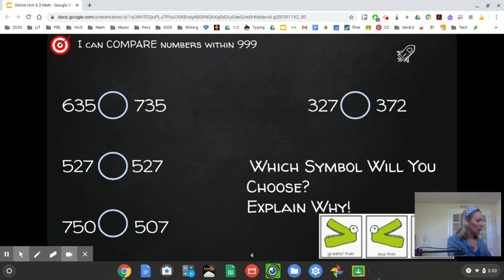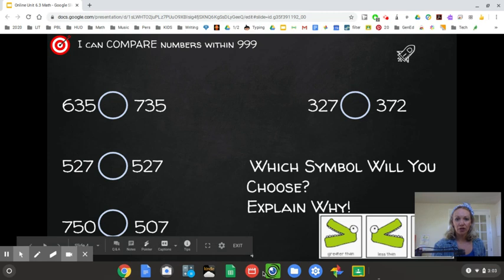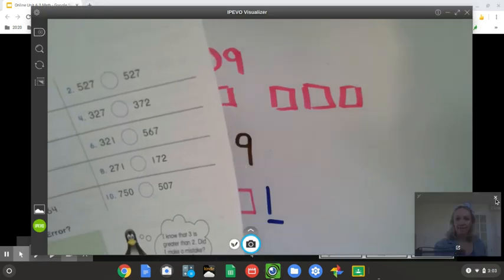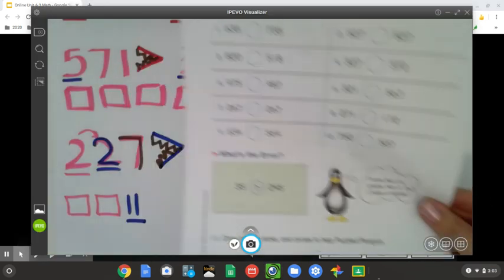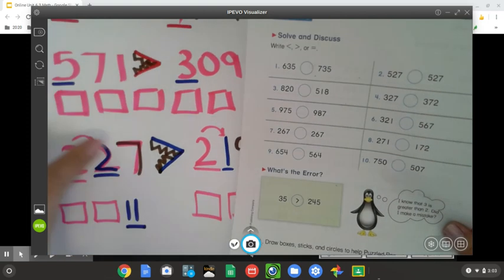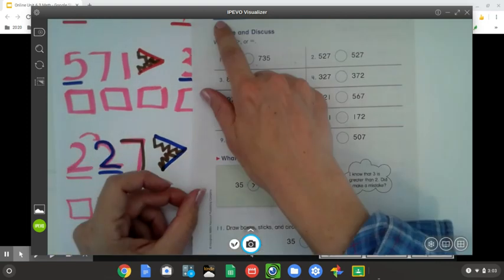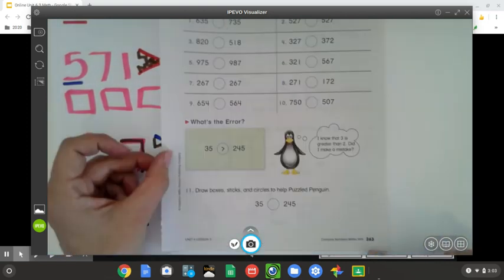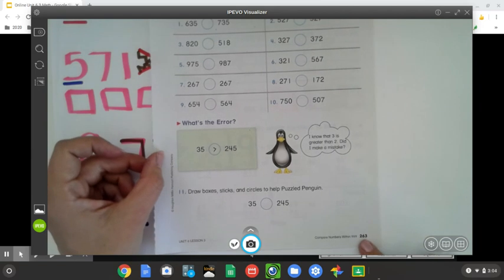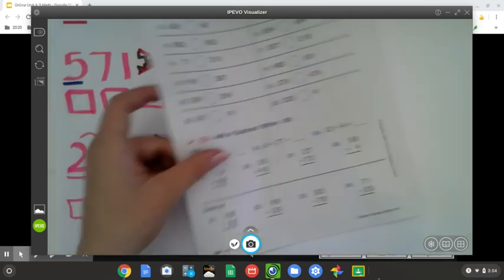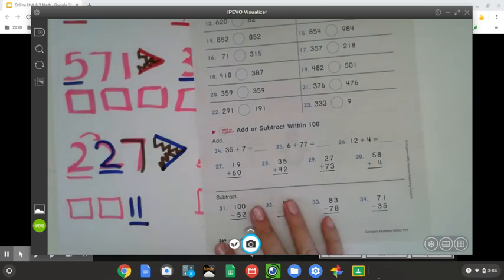Additionally, when you are ready, if you are working out of your math workbook, we are on 6-3 today, okay? And you're going to be looking at page 263 and 264.